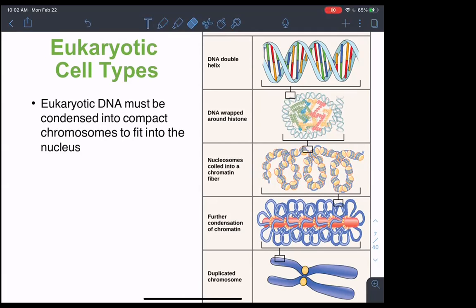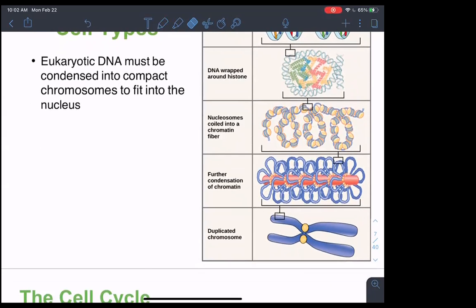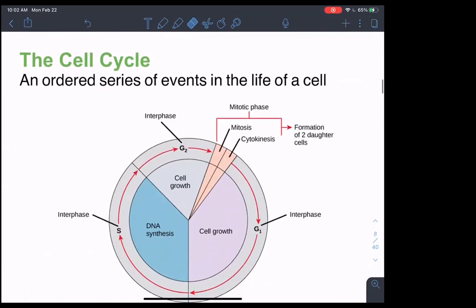Then you have this further condensation of the chromatin within the chromosome. If you look, this tightly packed thing is just in one area of the chromosome, and it's like that all the way through. So that's how packed chromosomes get.